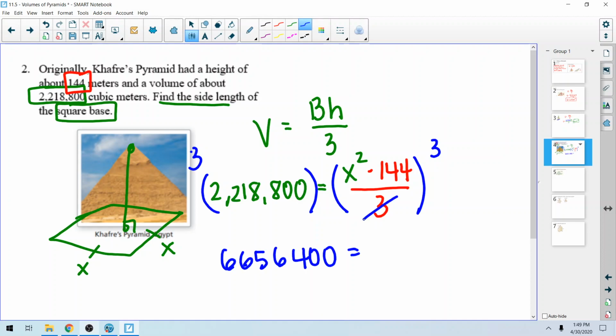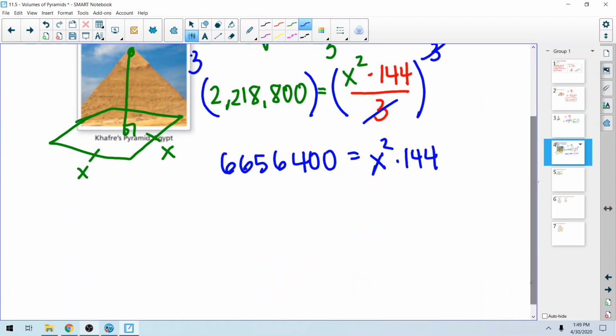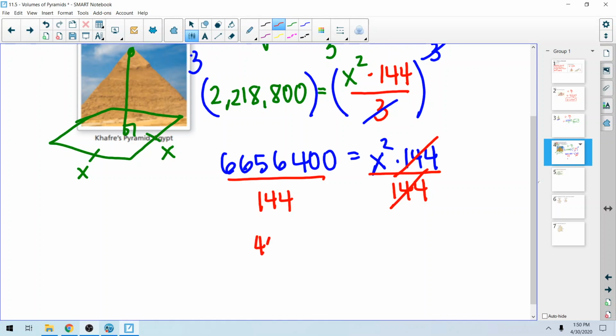6,656,400,000 equals x squared times 144. Now I have to get the x squared by itself, so we're going to divide by 144. So divided by 144, 46,225 equals x squared. And then we have to get the x by itself.